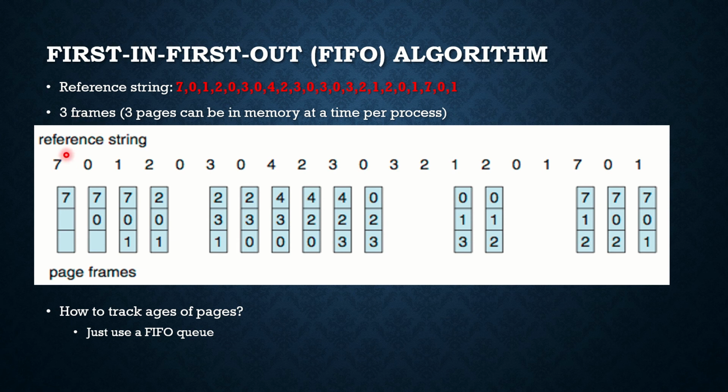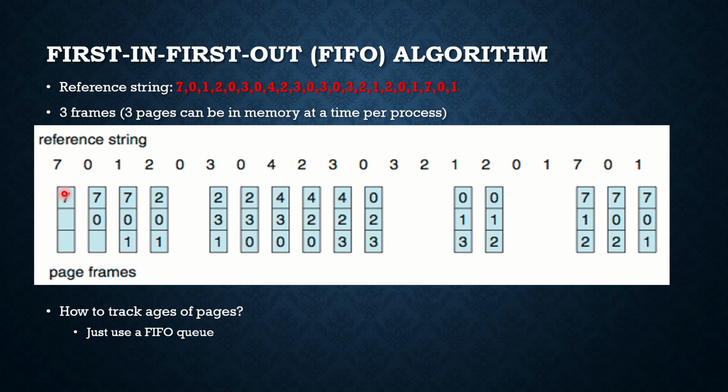We are supposing that the memory has a maximum of 3 frames, so only 3 pages can be in memory at a time per process. So we can insert 3 pages. If a fourth page comes, there is no space in the memory, that is the logic.